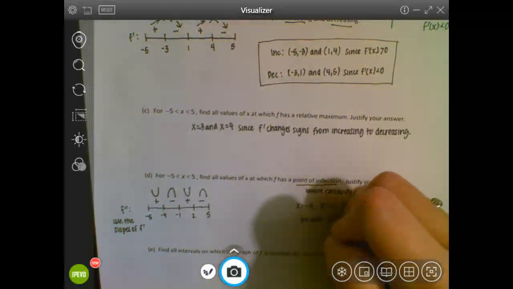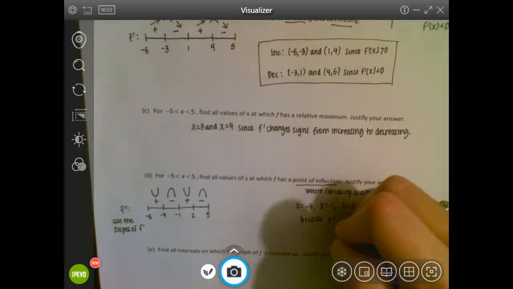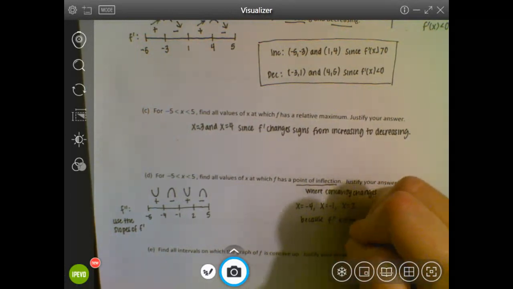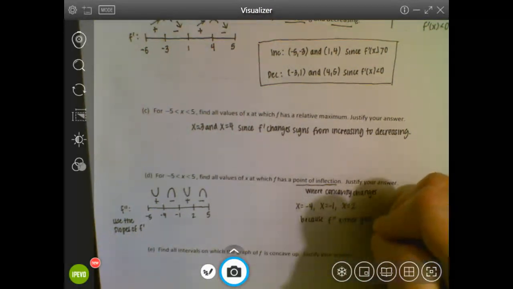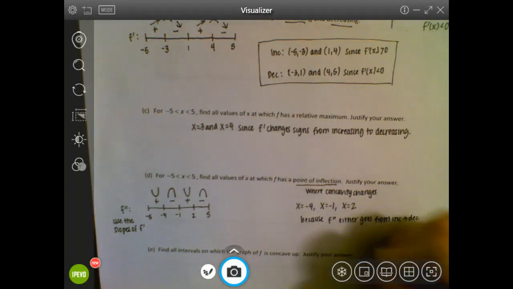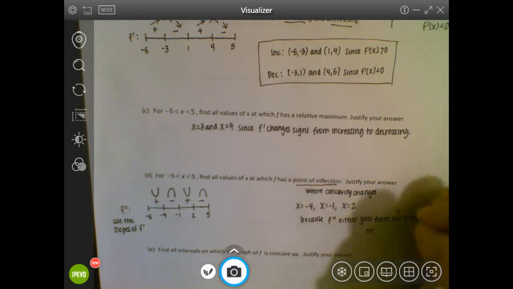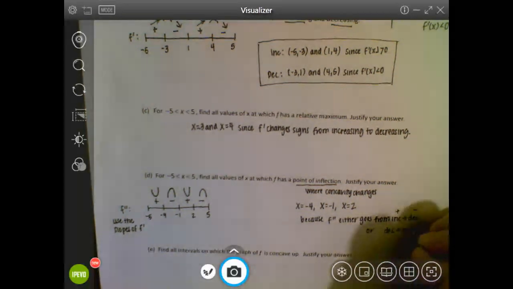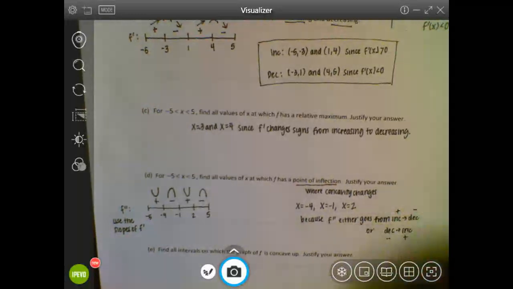So I'm going to say f double prime either goes from increasing to decreasing, or positive to negative, or vice versa, decreasing to increasing. So negative to positive.